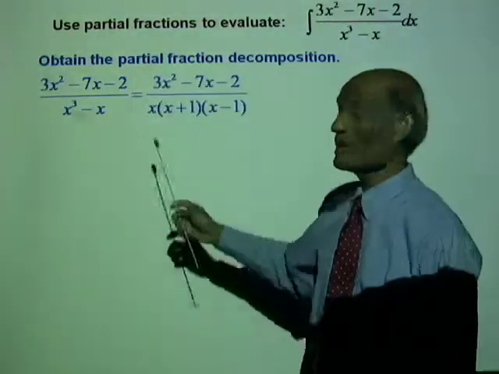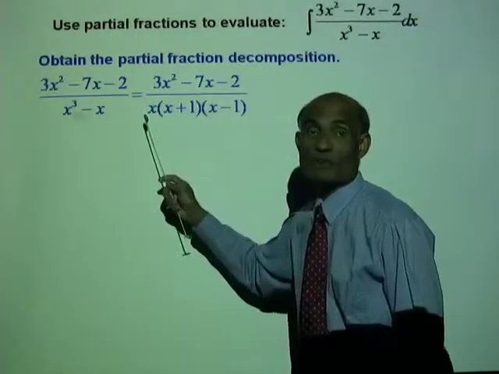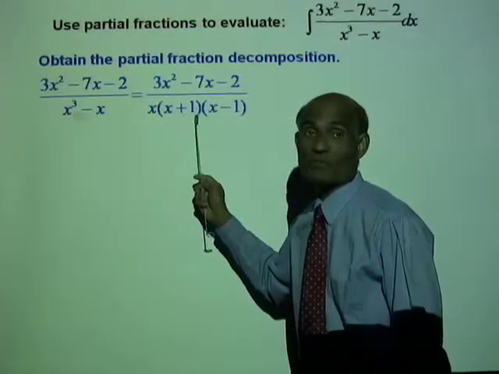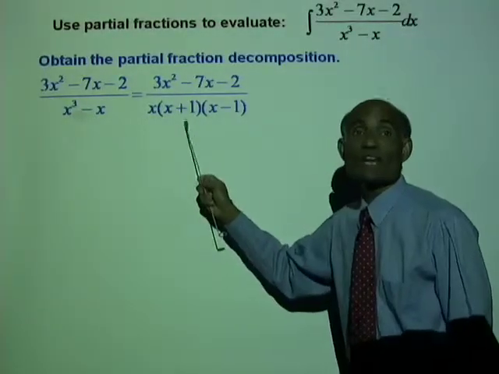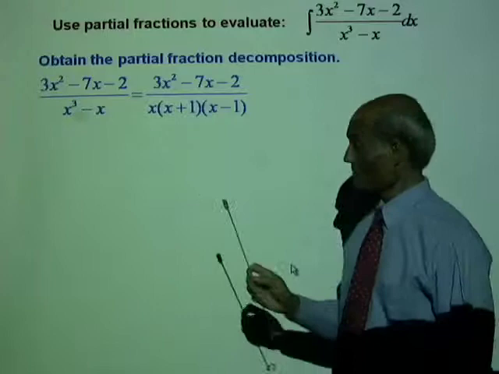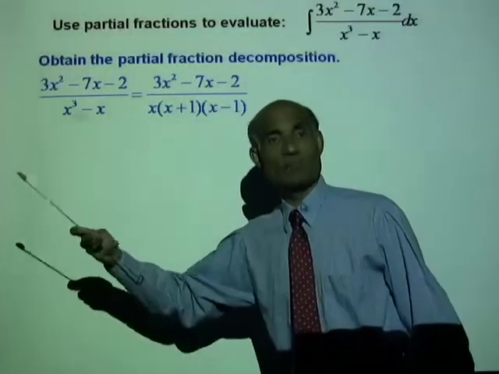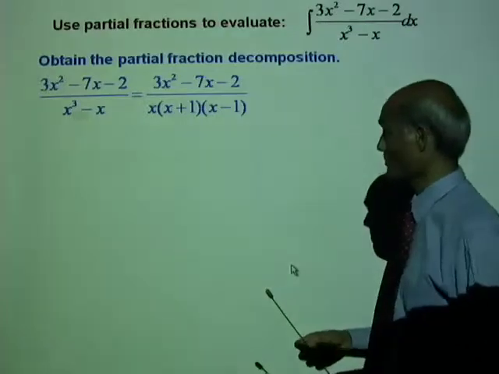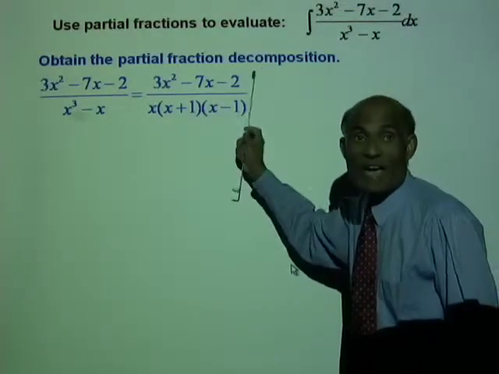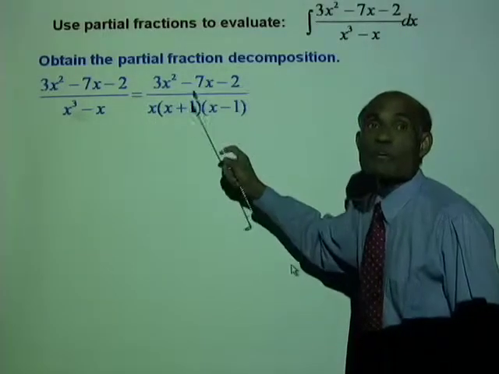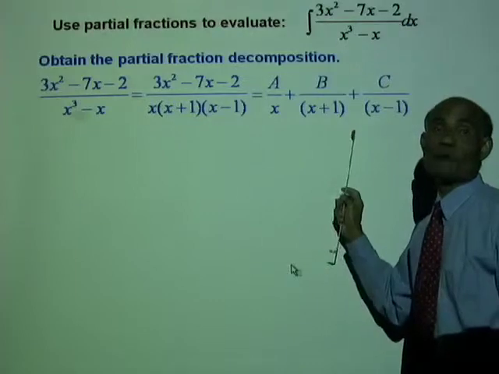There you go. So that would be 3x squared minus 7x minus 2 over x times x plus 1 times x minus 1. We have 3 linear factors. So how will you address that in rewriting it in the partial fraction form? You will write it as a over x plus b over x plus 1 plus c over x minus 1.